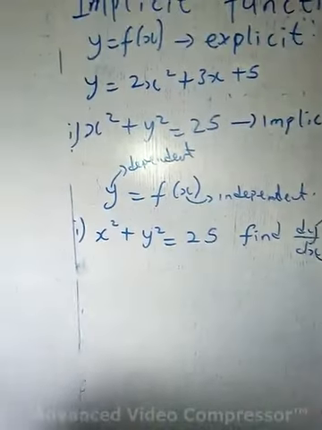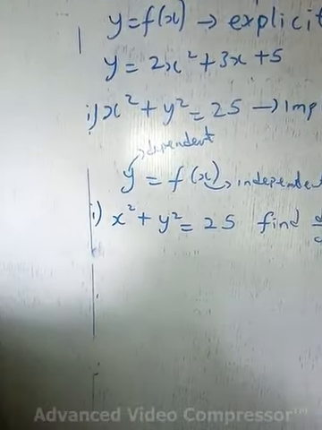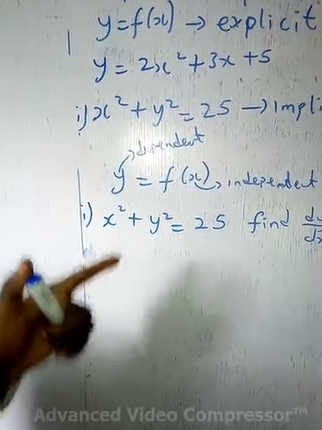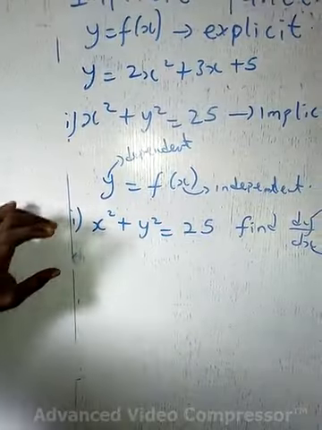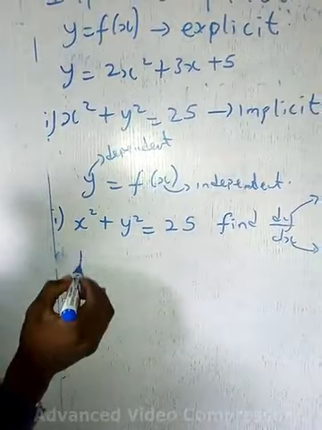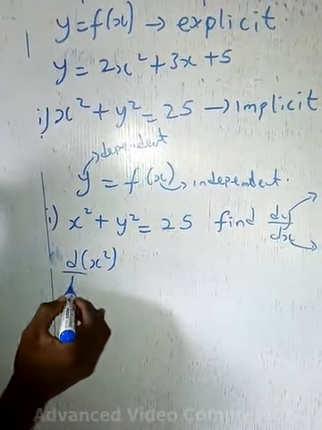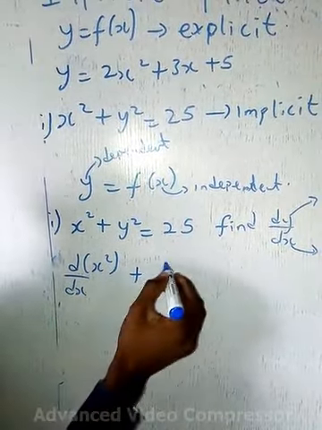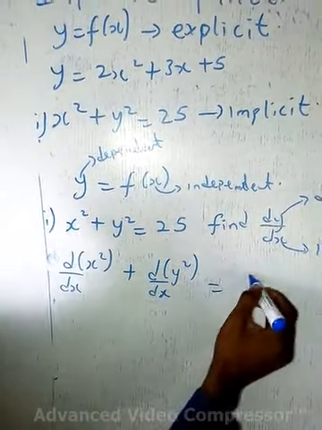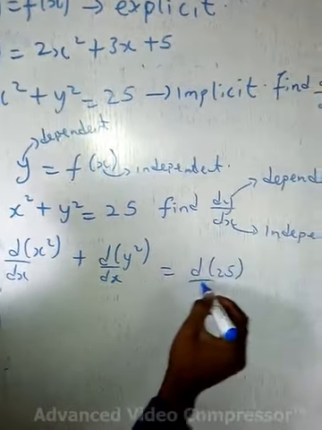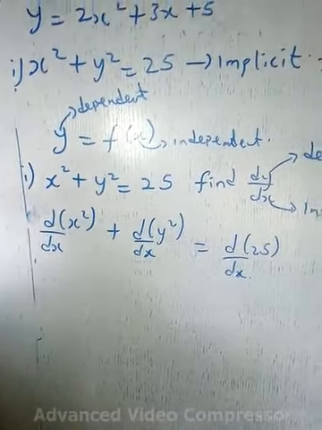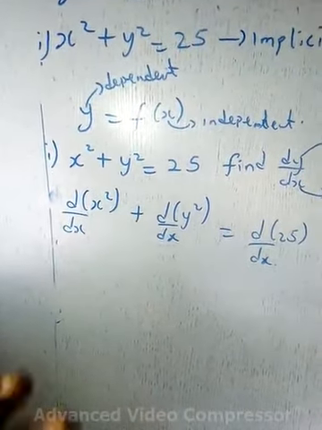But in this type of equation, y and s are found together. We can't differentiate the one that is dependent on the other. So all you just need to know is that this is an implicit function, an unclear function. Then you just differentiate directly: d of s squared dx plus d of y squared dx equals d of 25 dx. Each will be differentiated with respect to x. That's what you do for an implicit function.